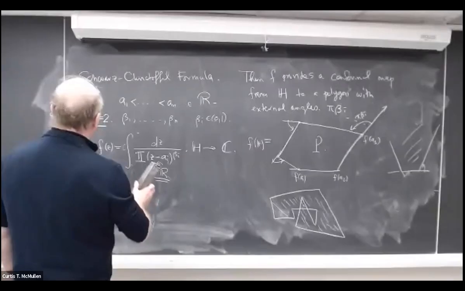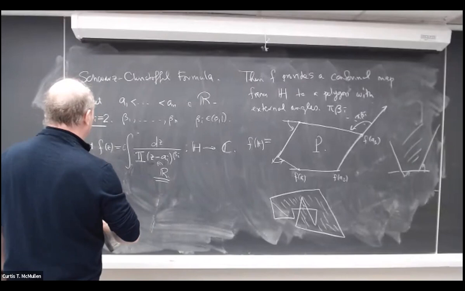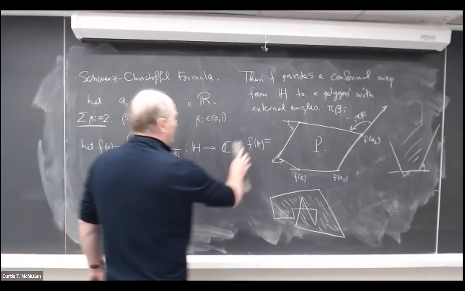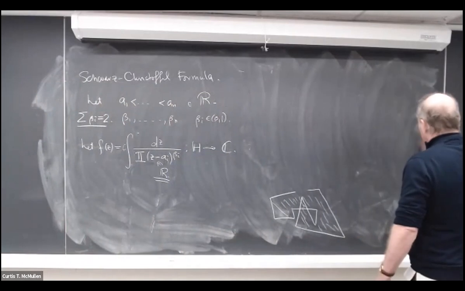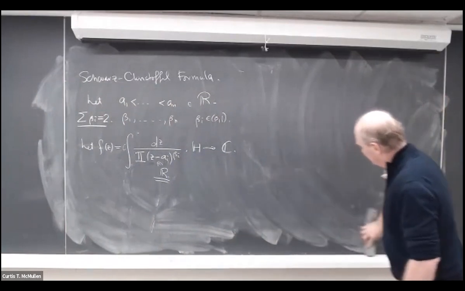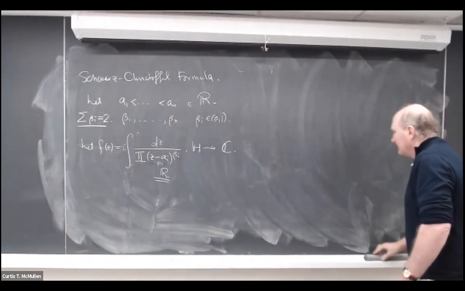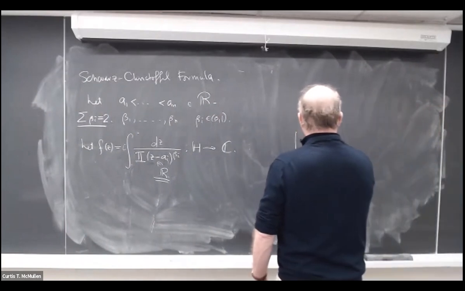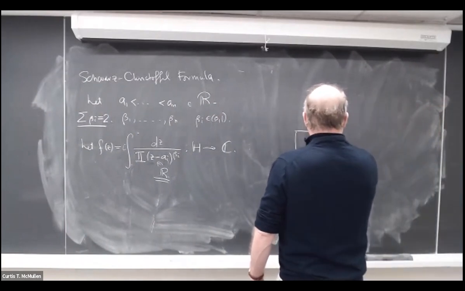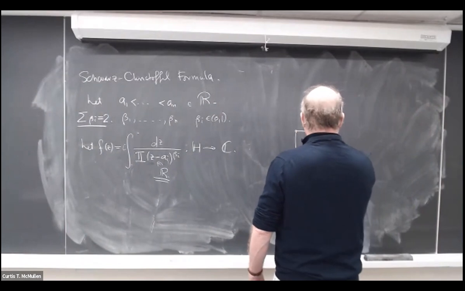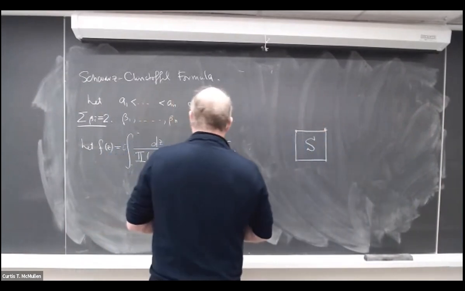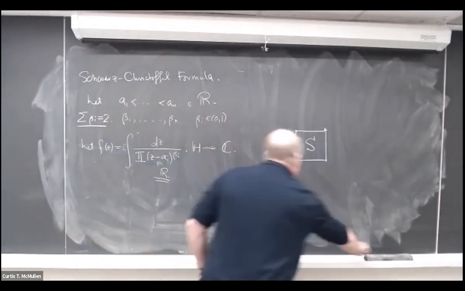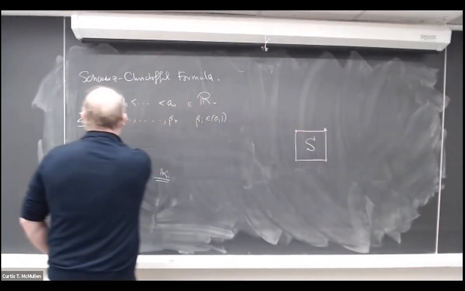And let me just conclude this digression by giving you a special example. Let's suppose we want to map to a square. So suppose we want to go to something that looks like this, the square S. Well, then what we could do is we could try this.